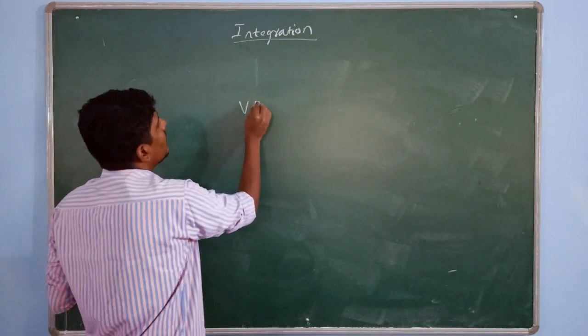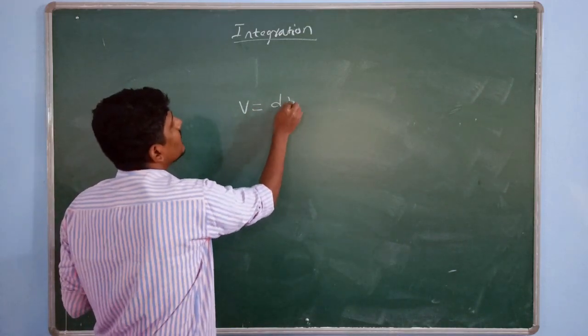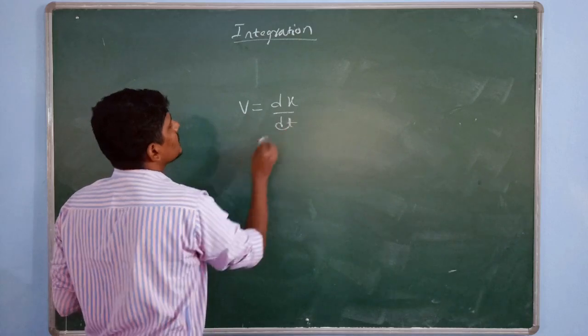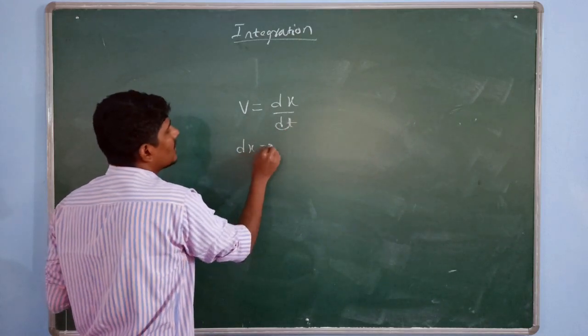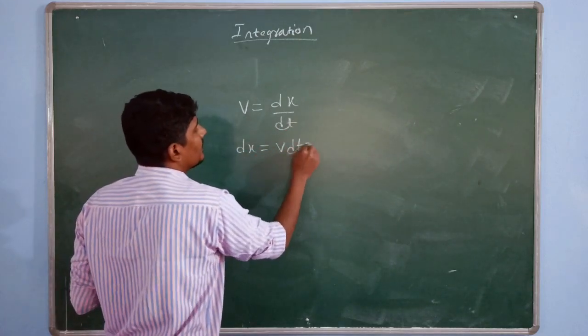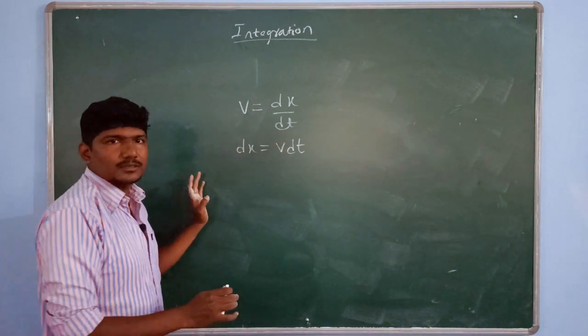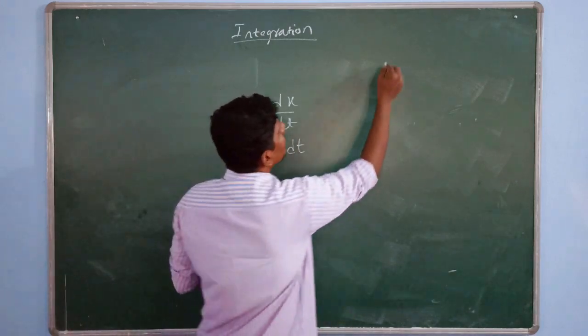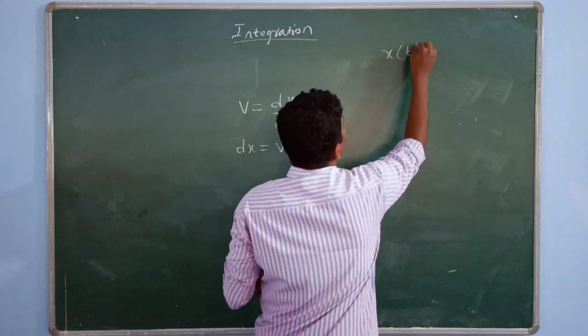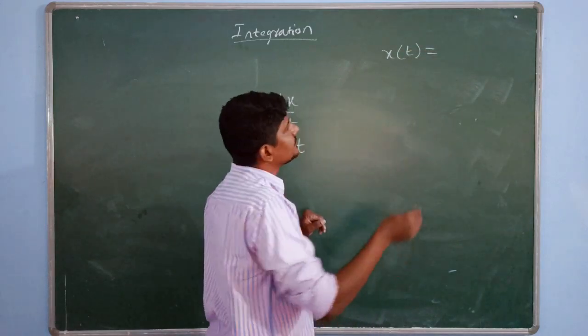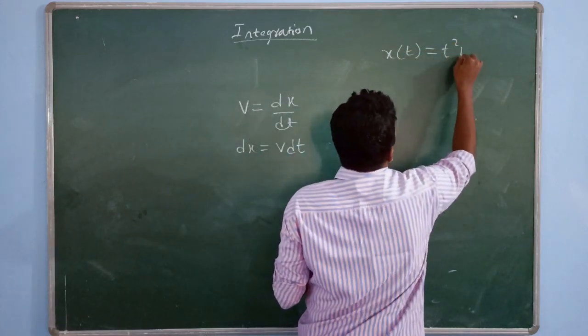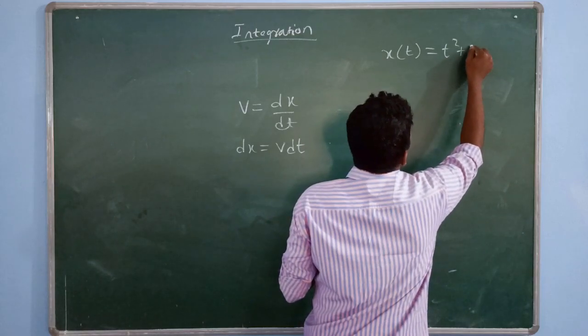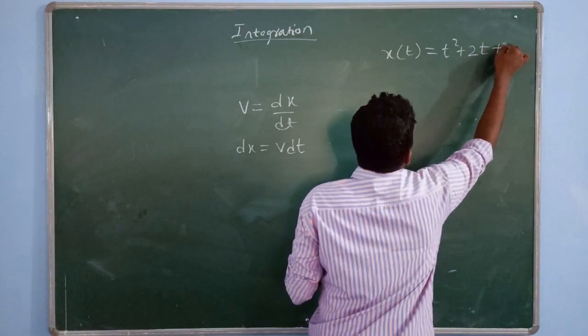Now v can be written as what? dx by dt. So dx is what? v dt. This is clear, cross multiplication. Next step, we will write one example, no? x of t, that is t square plus 2t plus 3, something like this.